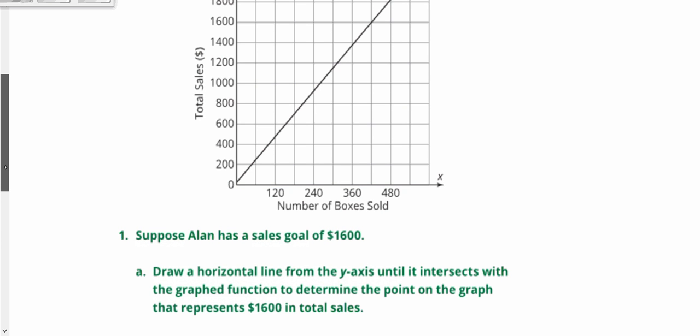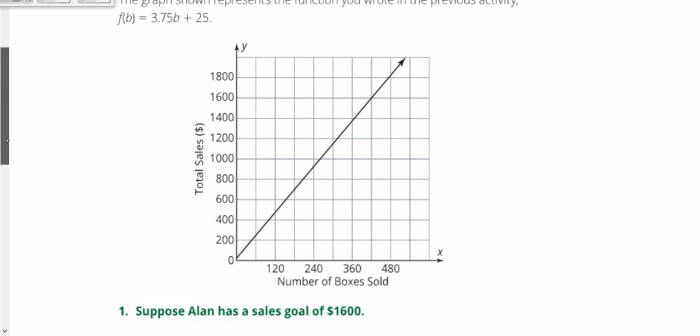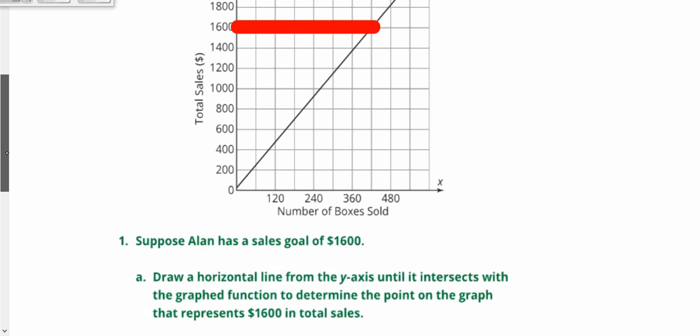Draw a horizontal line from the y-axis until it intersects with the graphed function to determine the point on the graph that represents 1,600 in total sales. So basically, we just have to draw a horizontal line. I am just going to draw a line across, starting at 1,600 to where it intersects. That's all you got to do on that one.